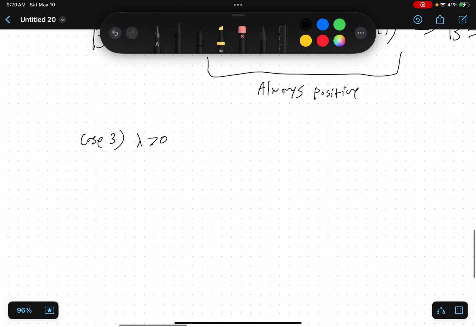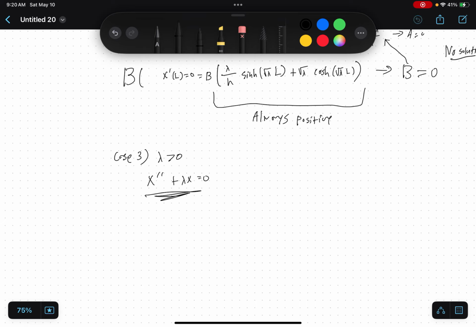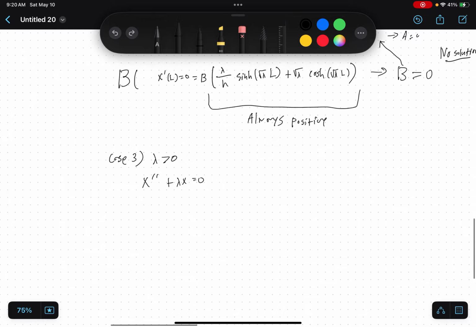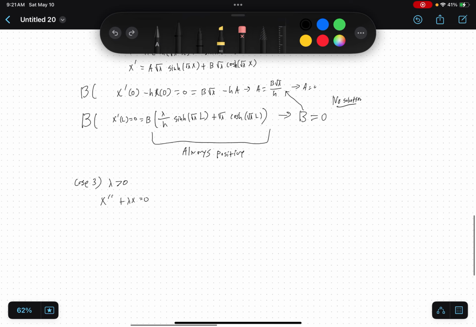Which means our equation is x double prime plus lambda x equals 0. Okay, and before I even go into the differential equation stuff, there's a couple important things to write down that are going to be very, very helpful later on. So, all right, we're going to solve this using Sturm-Liouville, and kind of the definition, you can only solve equations using Sturm-Liouville if it matches this condition, and I'll write it out over here.